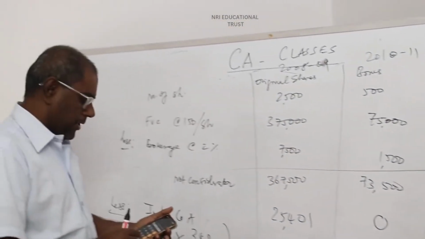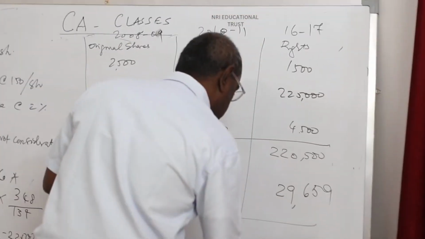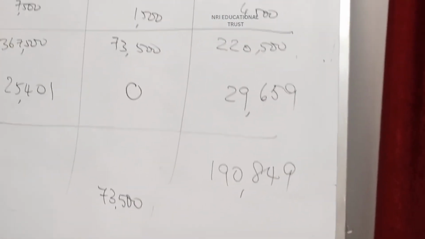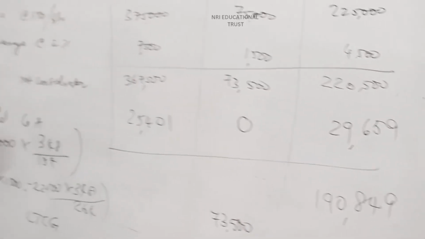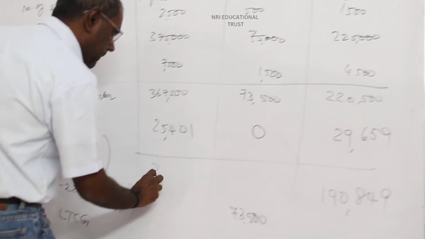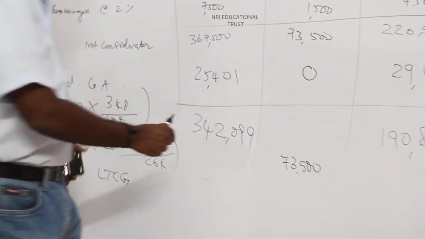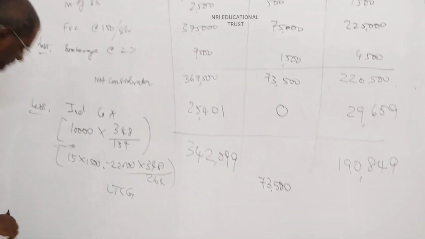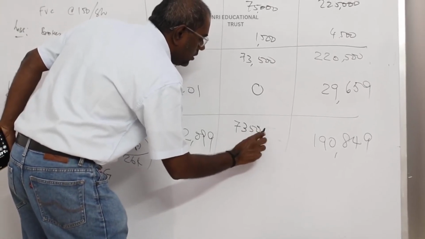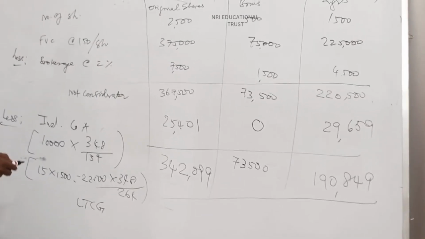So how much is the long-term capital gain now? 2,20,500 minus 29,659 is giving me 1,90,849, and here 3,67,500 minus 25,401 is giving me 3,42,099. Here, oh sorry, this is 0, right? 73,500. So this is the long-term capital gain now.